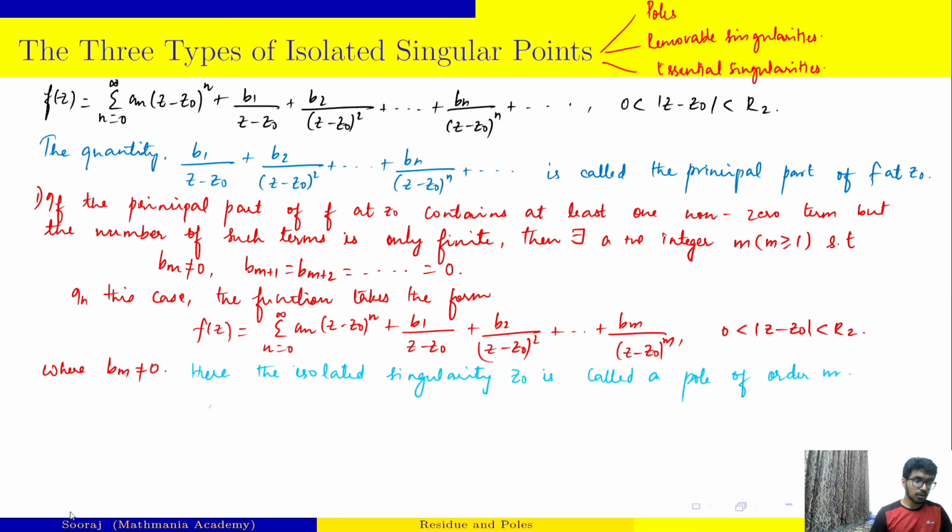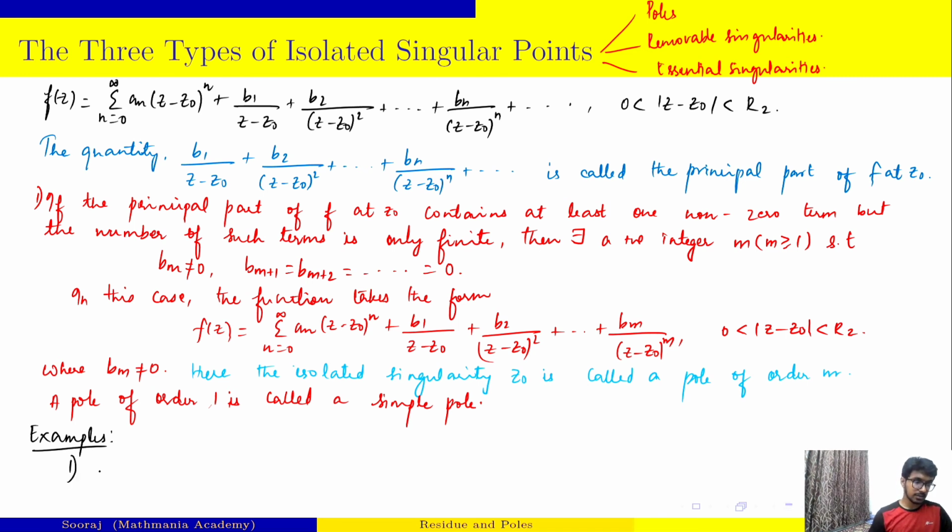A pole of order 1 is called a simple pole.